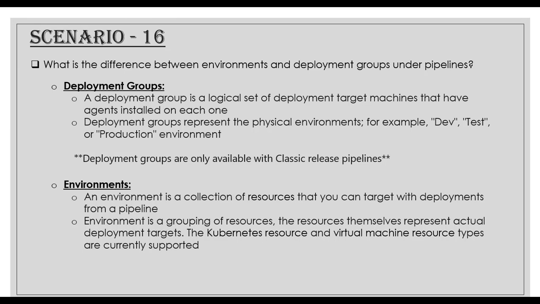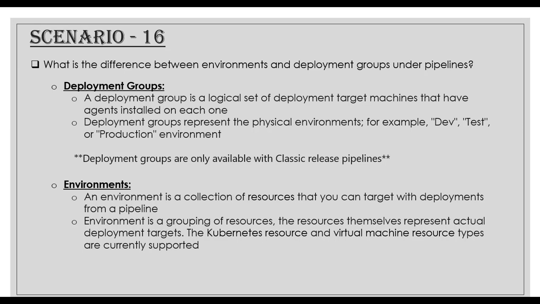In my personal opinion, the deployment group and environment have the same theory. Since deployment group is not supported by YAML, environment comes in such cases. Okay. The Kubernetes resources and the virtual machine resources are the only supported types right now in environments. All others are not supported, guys. Keep that in mind.